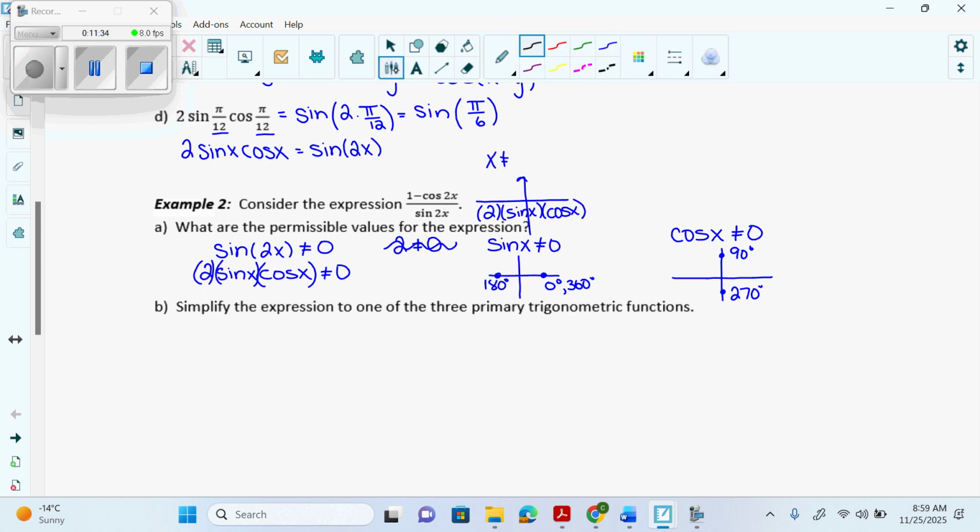So x can't equal 180 degrees n, n an integer. And for this one, I would say x can't equal 90 degrees plus 180 degrees n, n an integer. I can write them separately. In this instance though, I could also write them together by combining them onto one Cartesian plane. For example, I can move the 90 and the 270 onto here.